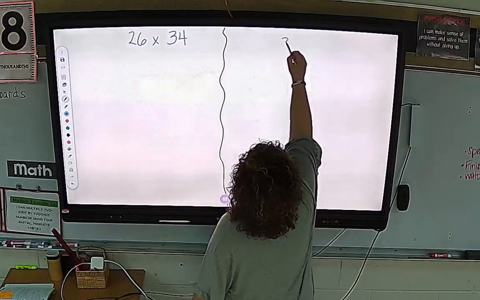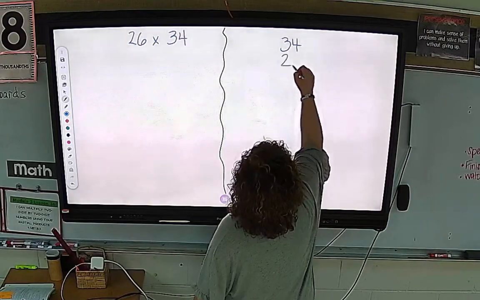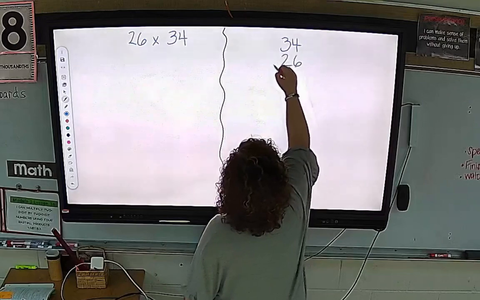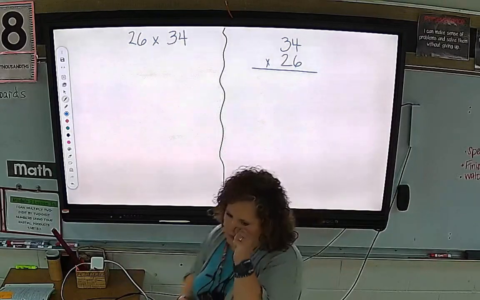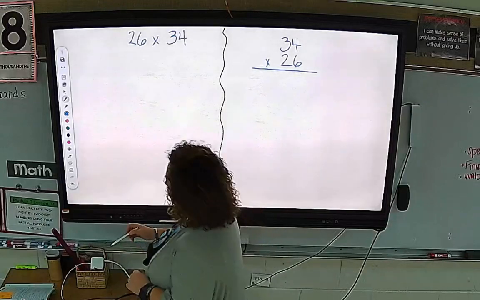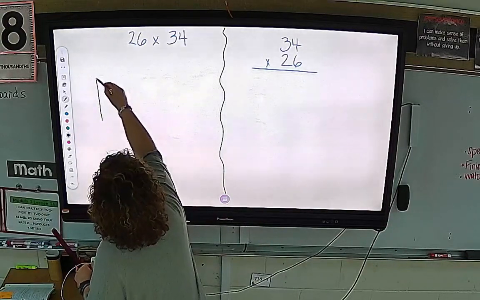When I do a multiplication problem, I'm always going to put my larger number on top when they're stacked vertically. We'll do that partial product problem in a little bit. On our area model side, we're going to need a rectangle.